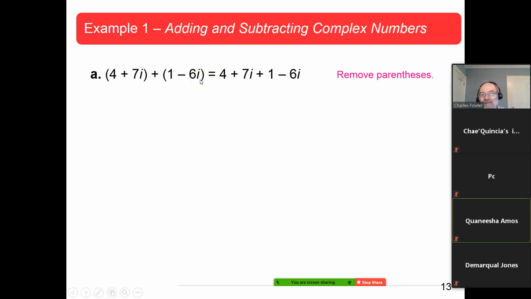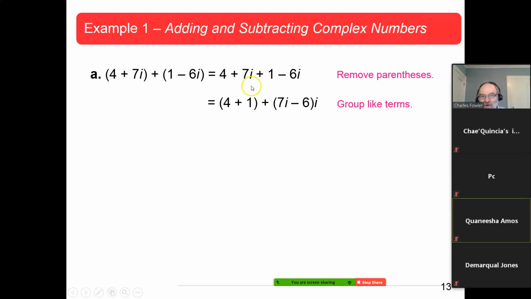So just treat it like a binomial. Add the reals, 4 plus 1, add the imaginaries, 7 minus 6. That would give you 5 plus i. That's it. The thing of removing parentheses and grouping like terms, that's exactly what we're doing.